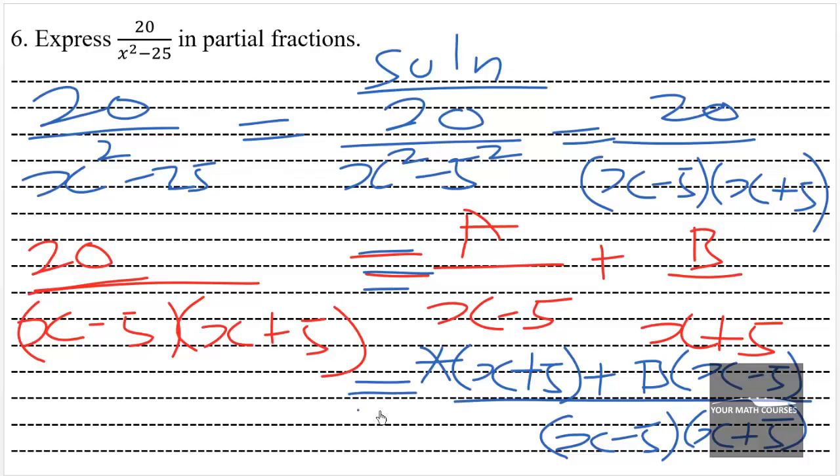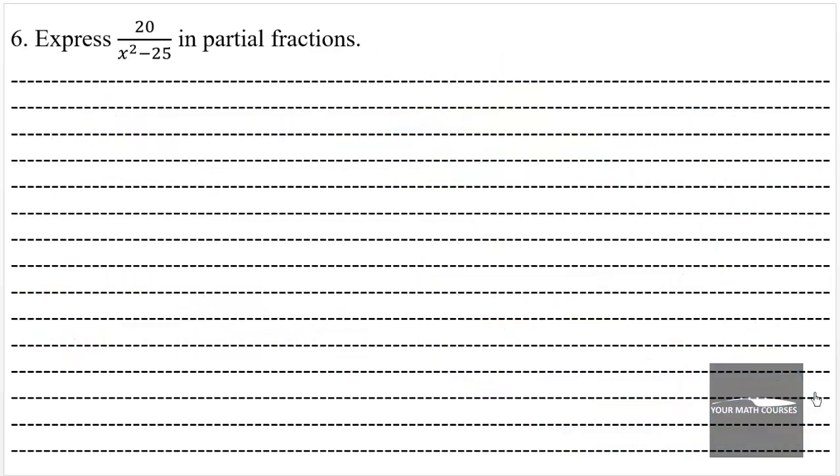So this is equivalent to this. Now the denominators are the same. So we are going to equate the numerators. So 20 will be equal to a into bracket x plus 5 plus b into bracket x minus 5.